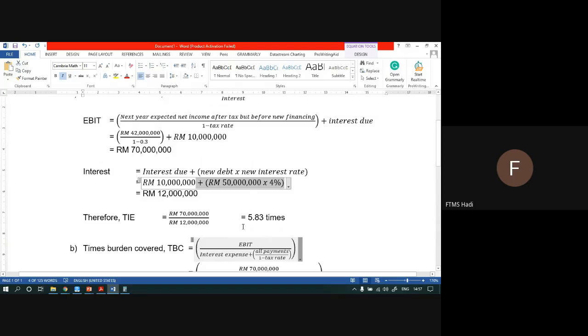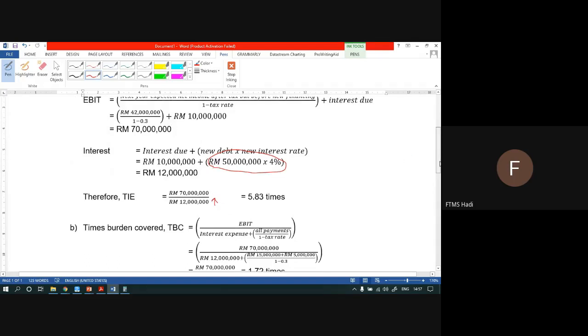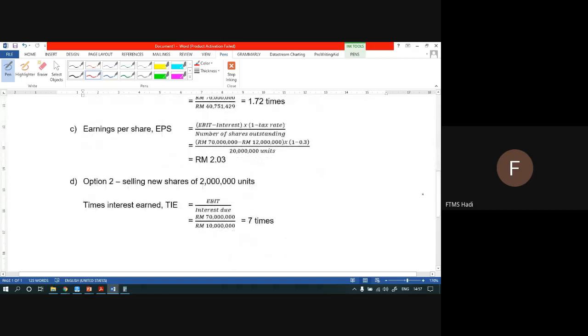You see here, they include this one, so that means they need to pay more, 10 million plus 2 million, which is 12 million, compared with this one, 10 million.